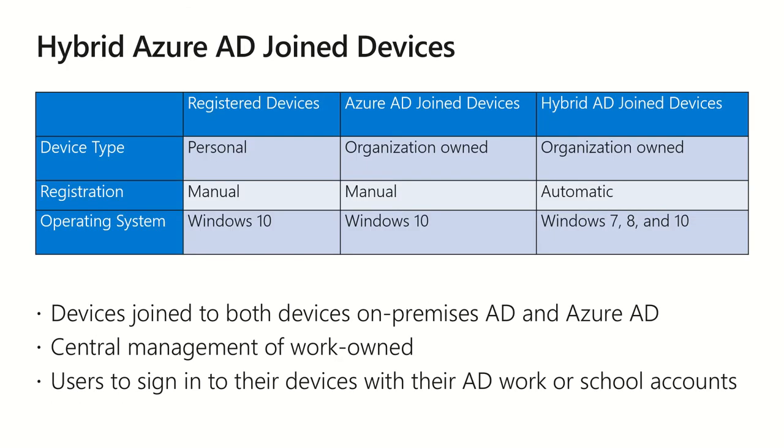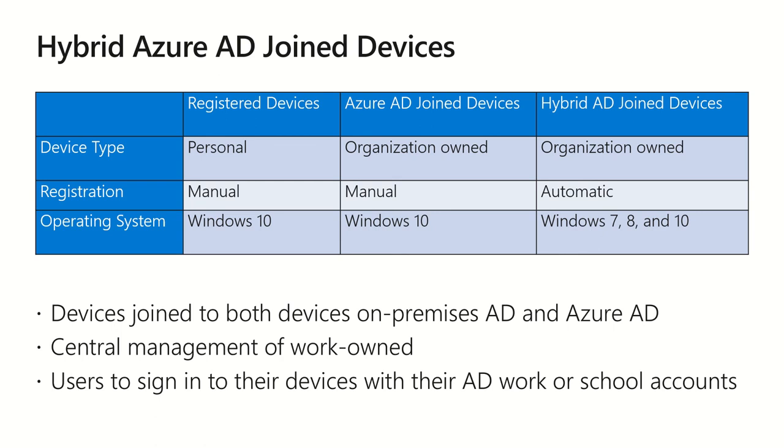If your environment has the on-premises AD footprint and you also want to benefit from the capabilities provided by Azure AD, you can implement hybrid Azure AD join devices. So these are devices that are joined both to your on-prem and Azure Active Directory.